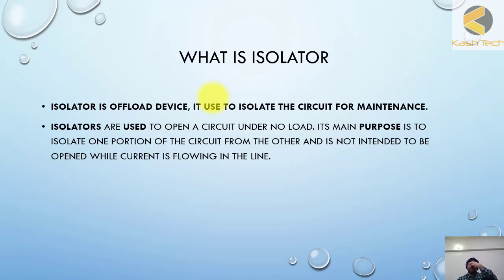It means the isolator is mostly in series with the breaker. If it is in series with the breaker, the interlock must be present so that if the breaker is closed, it should never be possible to open the isolator. And if, for example, it is used as a bus coupler and there is no breaker, the interlock should ensure that both buses are de-energized, not connected with any source or feeding current, before you operate this isolator.